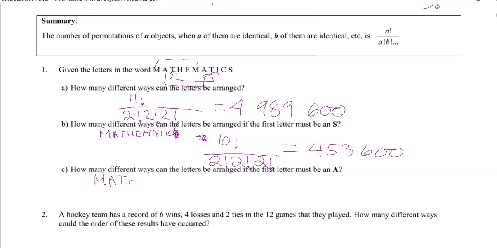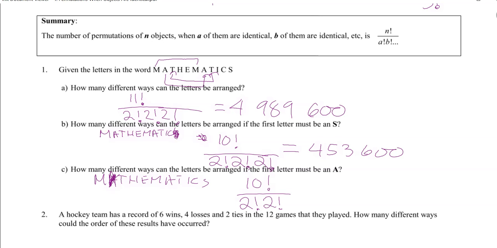Okay, so again, mathematics. Take out an A. How many letters are left? 10. How many are the same? Well, there's 2 M's. There's no longer 2 A's, right? That A is gone. So there's 1 A, so we don't put anything. But there's 2 T's.